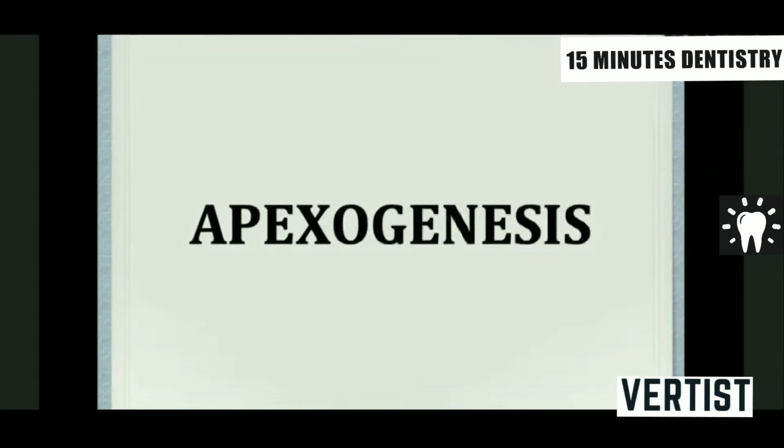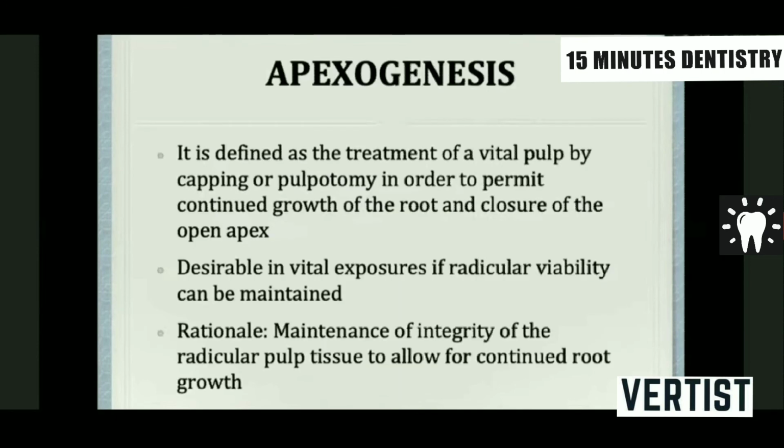When teeth have been pulpally involved, either due to a carious exposure, traumatic injuries or any other reasons, then we need to go for apexogenesis. This is particularly the histological terminology.